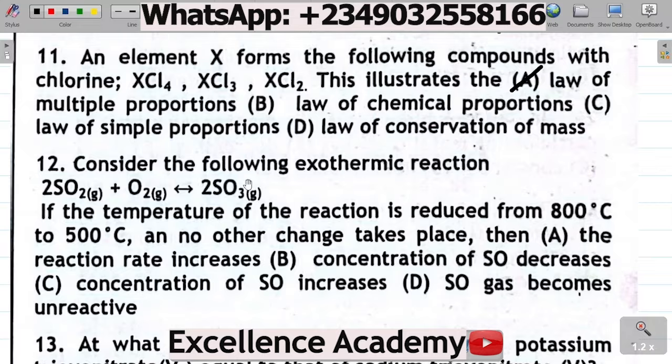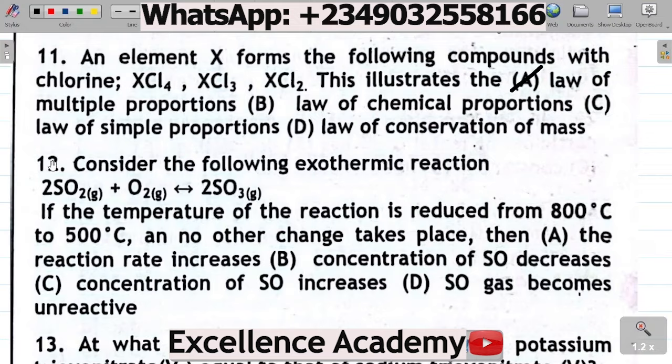So you can see that the different masses of one element, which is chlorine, chlorine 2, chlorine 3, chlorine 4, combine with the same mass of the other element. So it's just X here, having just one atom. So it's just X and then X and then X. They said they combine with the same mass of the other element in the ratio of simple whole numbers. You can see these are actually simple whole numbers, 2, 3, and 4. So it supports the law of multiple proportions.